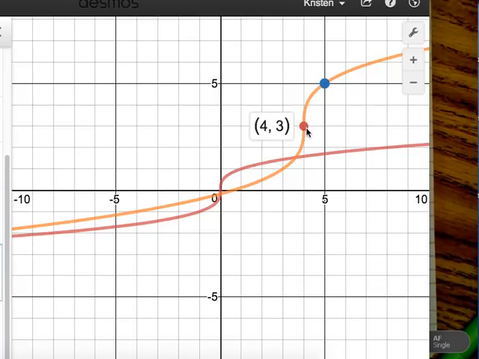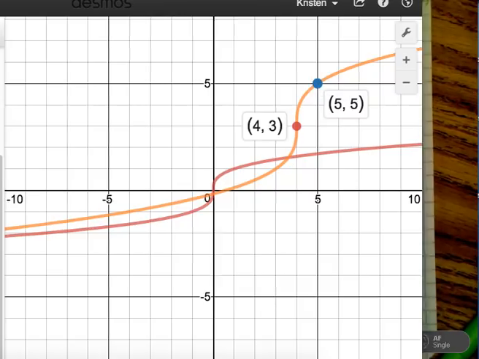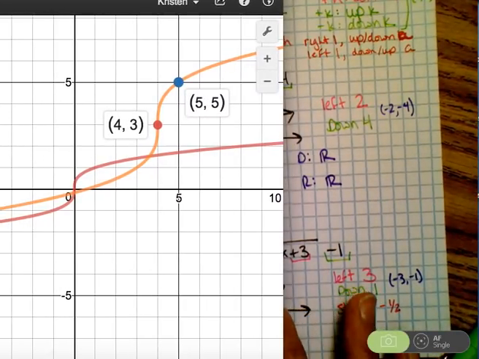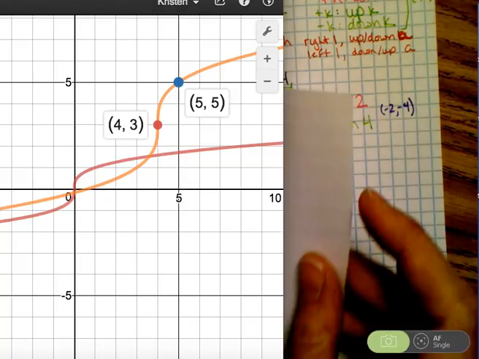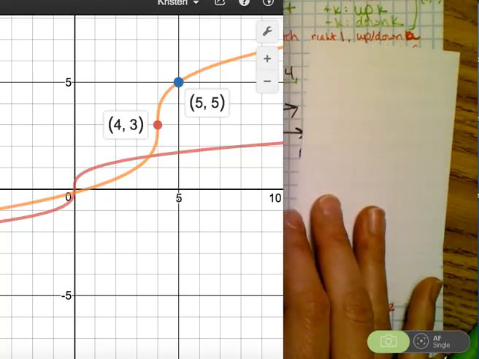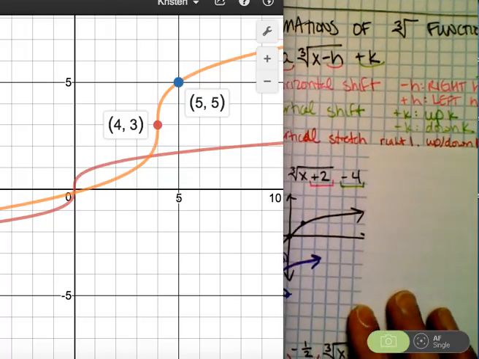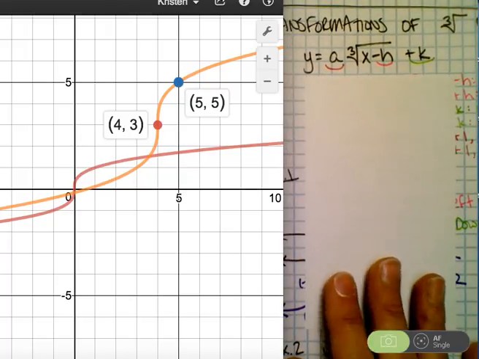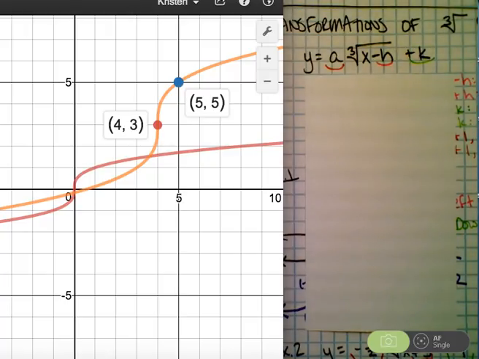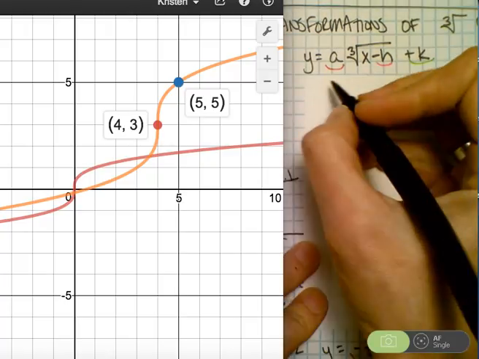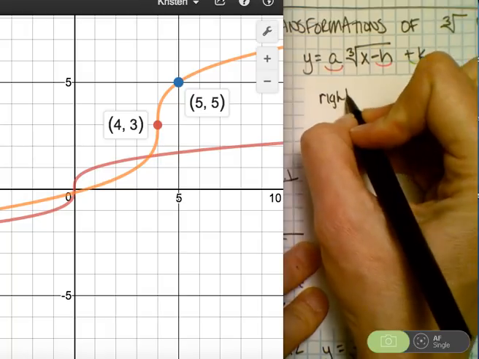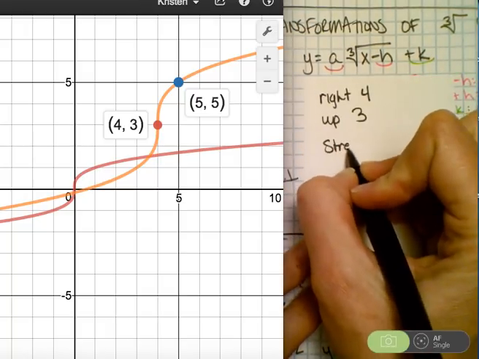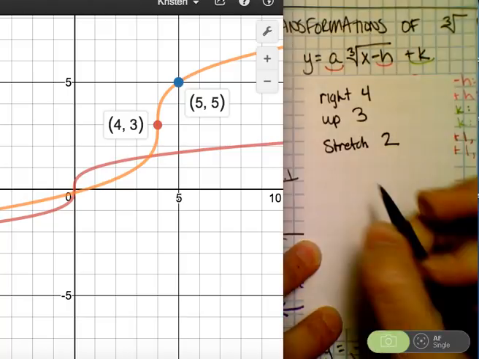So again, remember we have this point and this point. And let me just move that out of the way and show you what our equation then would look like. So our equation, we know it's a cube root function, right? So it's got to be in that form. So it was shifted right 4, it was shifted up 3, and it was stretched by 2.